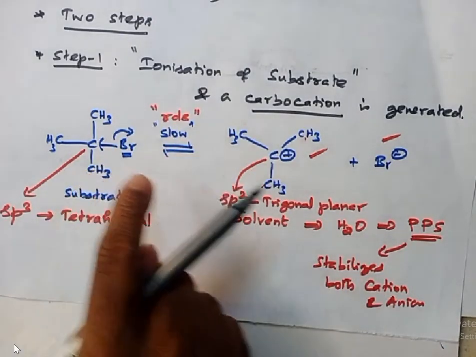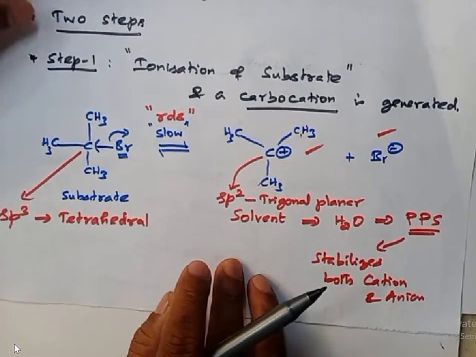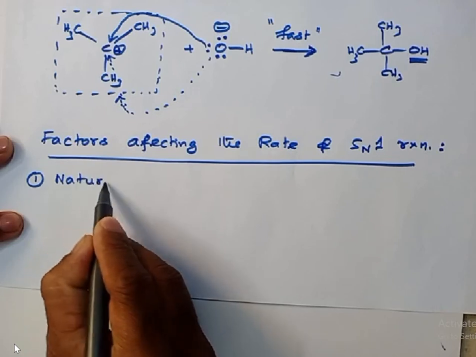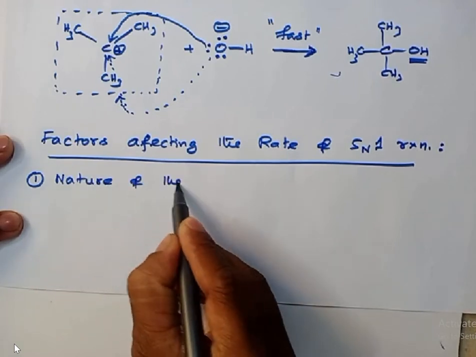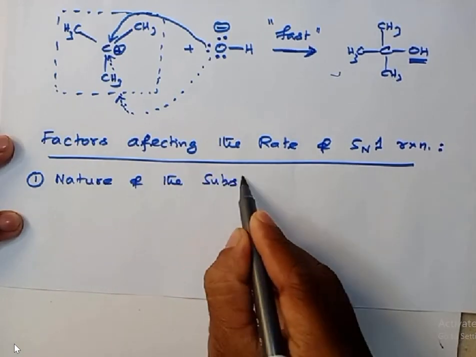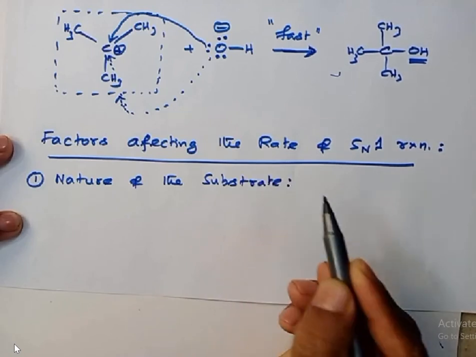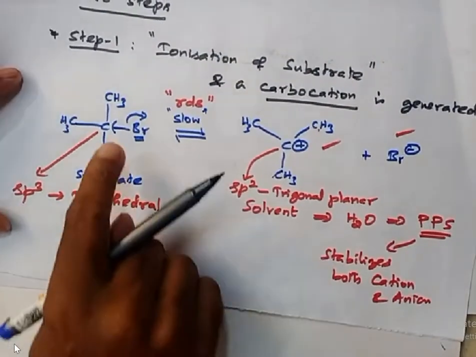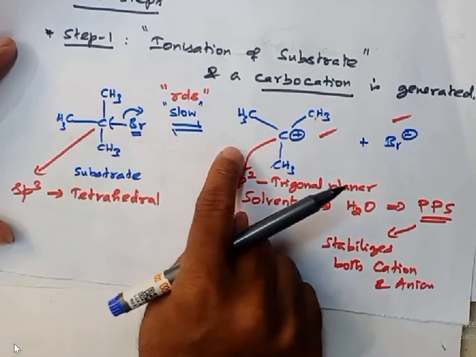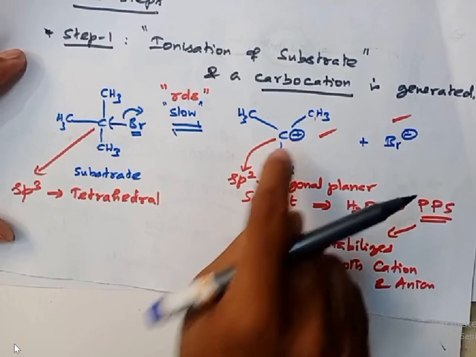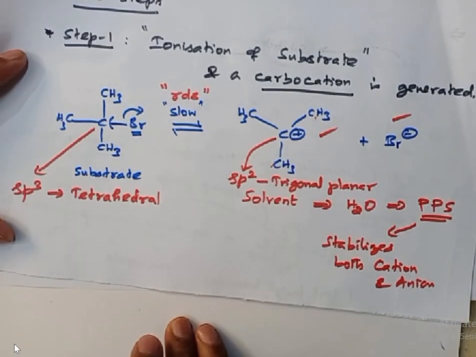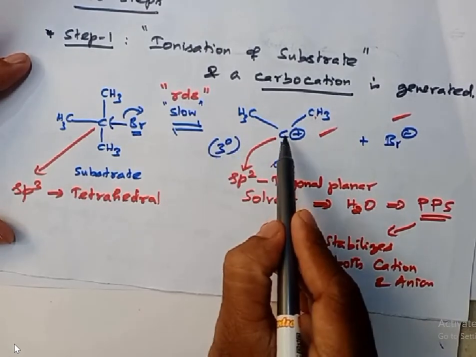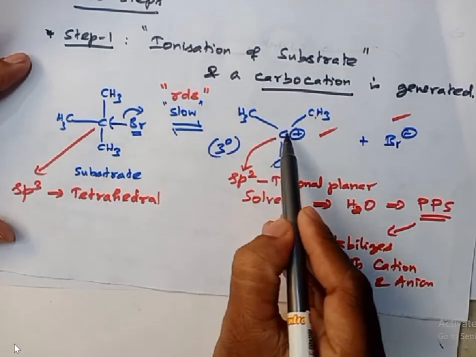So let me start with the substrate first. Nature of the substrate. Students, observe this carefully. The substrate, if it ionizes, should produce a stable carbocation. You know very well, this carbocation is a tertiary carbocation, correct? Because the carbon carrying positive charge is directly connected to 3 carbons.